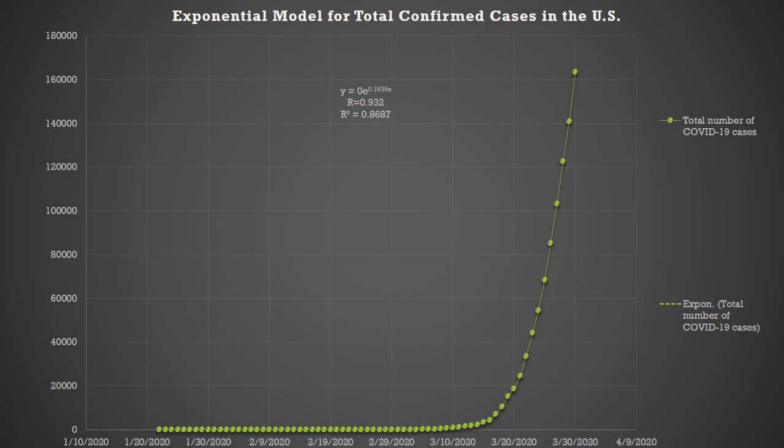This isn't shocking since every day new cases are being recorded. R squared is 0.8687, which means that 86.87% of the total variability can be explained by the model. This means that most of the variability can be explained by the model.